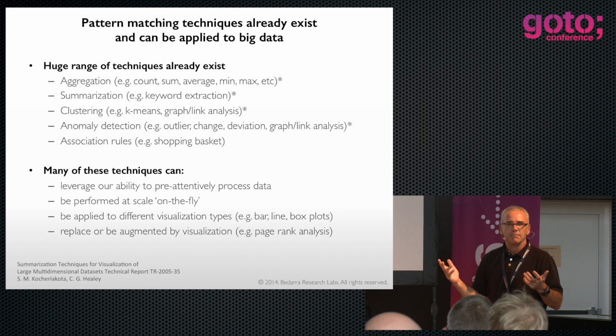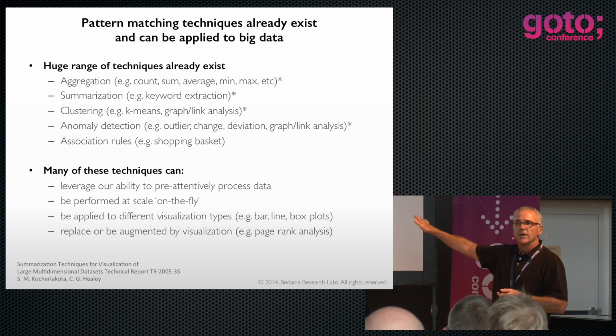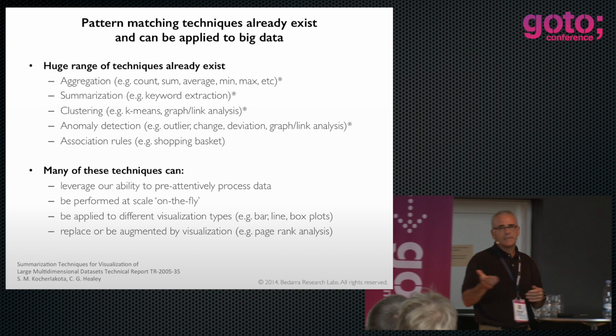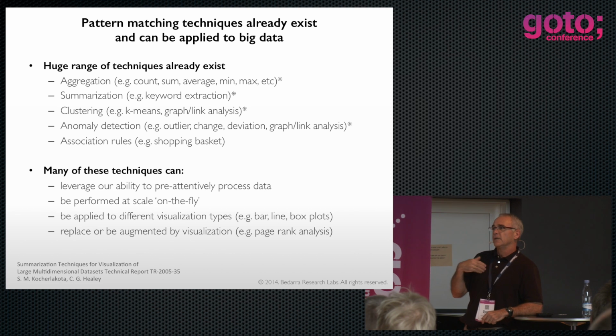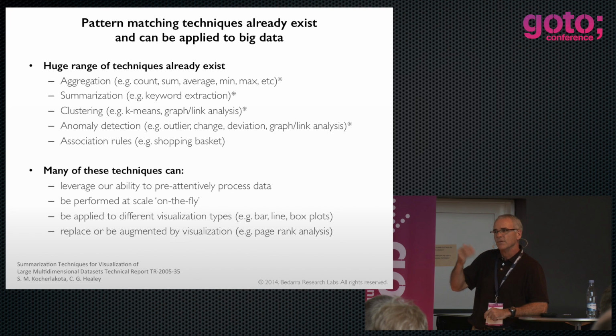You can look them up in papers. The really interesting thing is a lot of them can come right across. So in other words, you can actually do them at scale and use the technique. So in other words, our ability to pre-attentively process that information is all we really need to worry about, and we can do these things on the fly at scale.